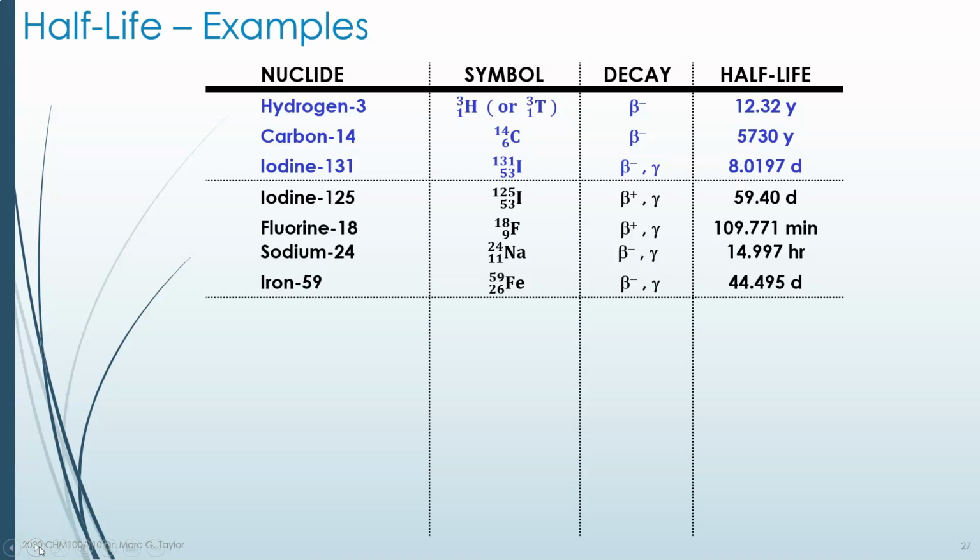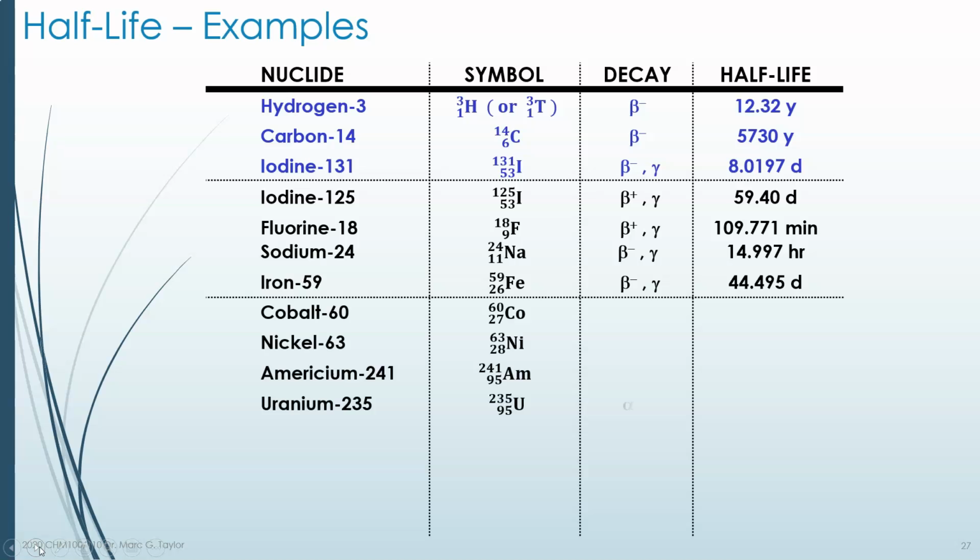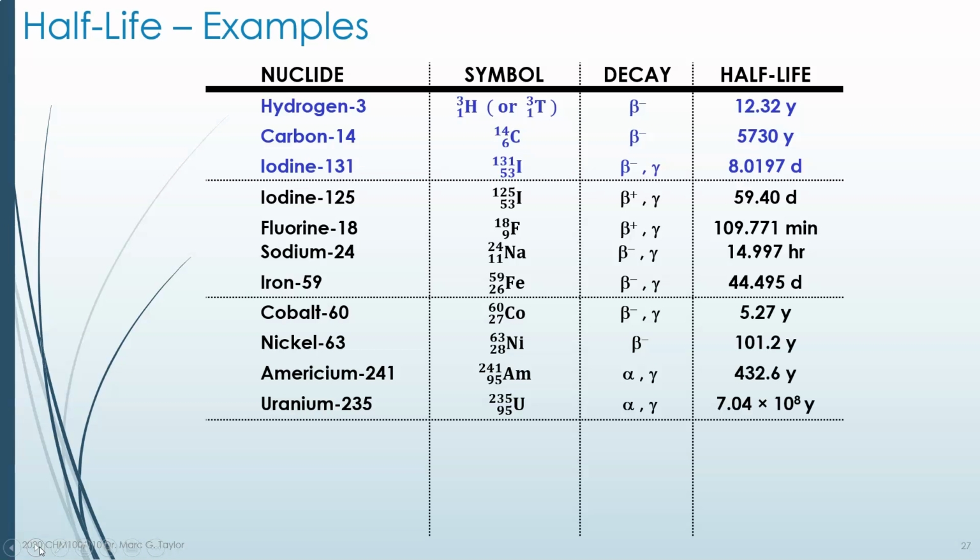You're not responsible for positron, I'm just pointing it out. And they all release gamma at the same time. So you have to use some safety precautions to work with any of these. And you'll see they have a variety of different half-lives.